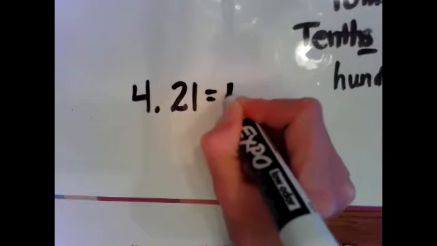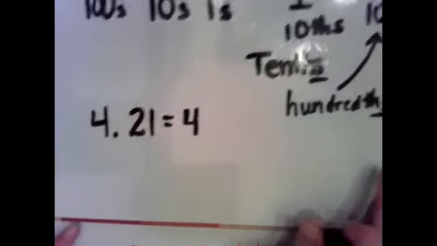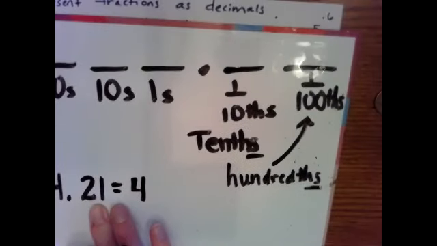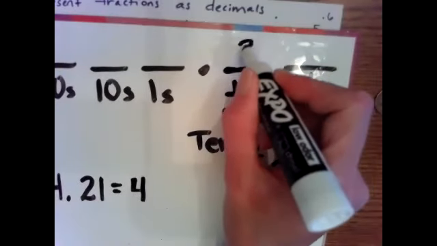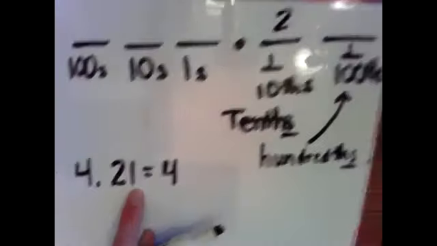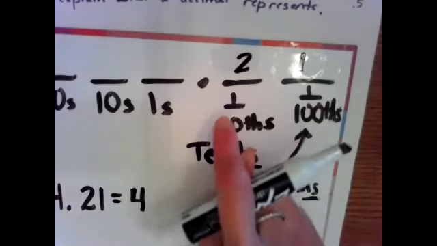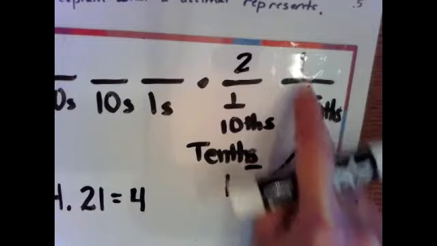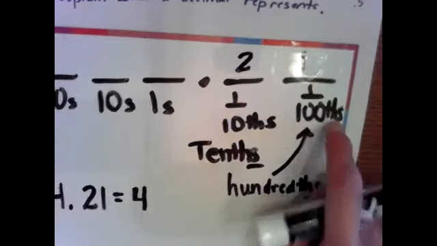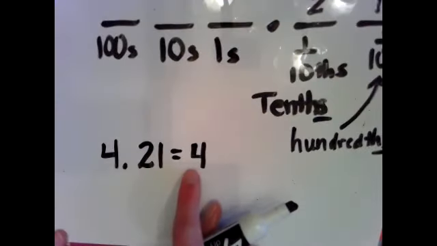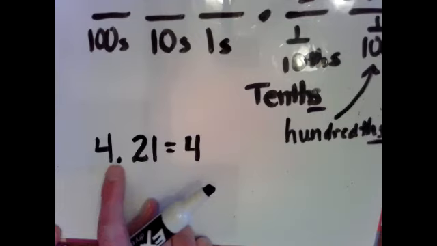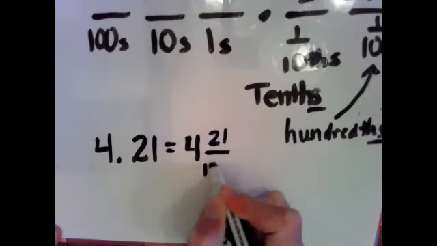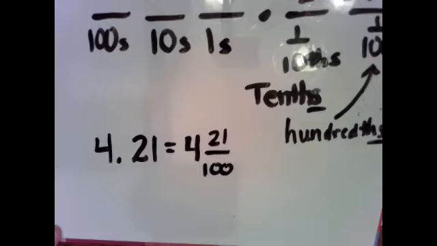That would look like this, 4. Now if you look, we're going out 2 places into our decimal system. Look back up here. That would mean that I have a 2 and a 1. So I would read this as 21, and you always read the last place that your digits parked in, 21 hundredths. So this is 4 and 21 hundredths.